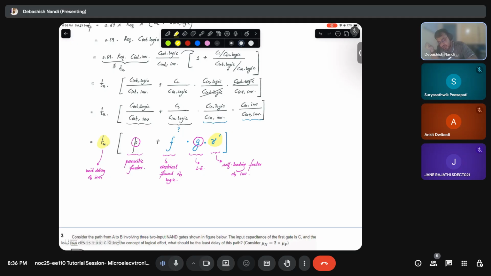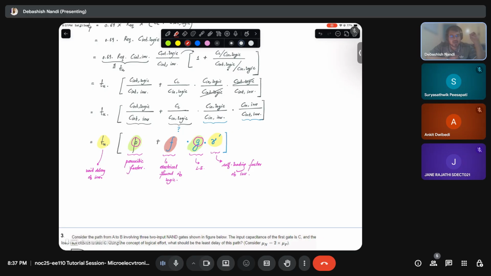And logical effort you can calculate with respect to the inverter. That is the relative difference of capacitances from the inverter to the logic. F is something that determines your sizing of the inverter chain, and also it is the only thing that is dependent on the outside world or the load. So if we know the properties of inverter, we can easily get the overall delay of the logic gate.